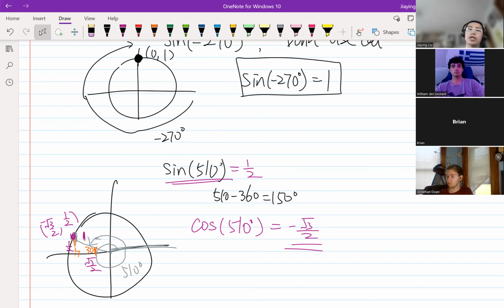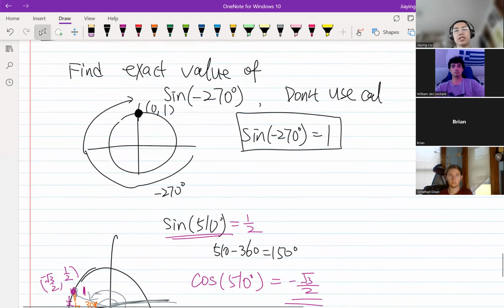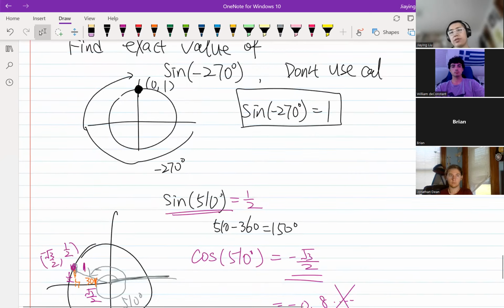Let's say you type cosine 510 degrees into the calculator and it gives you negative 0.8-something. I'm not going to take that as the valid answer when I ask you to specifically find the exact value and not use a calculator.